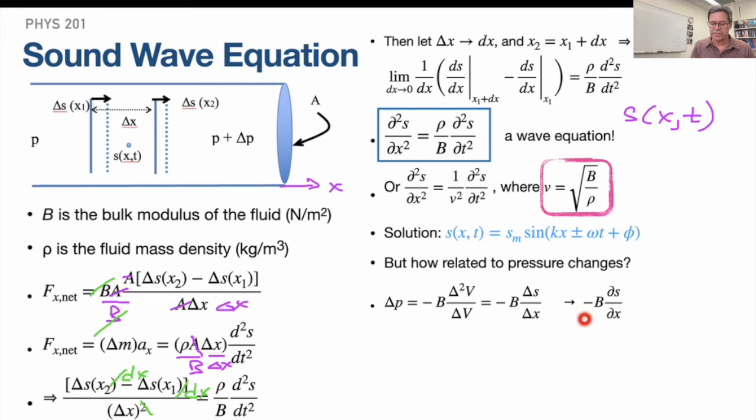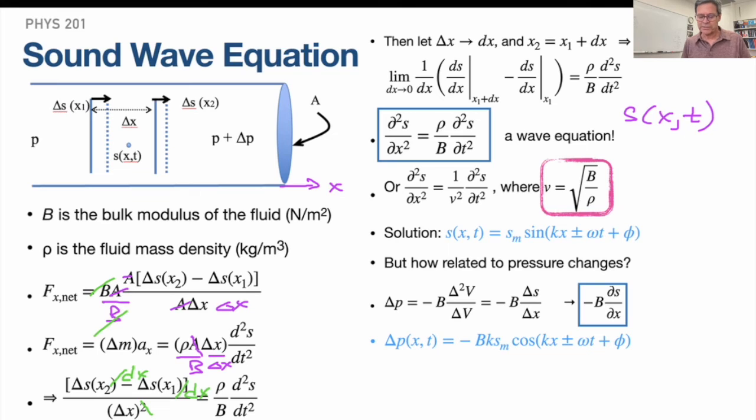And so that's just negative B, the bulk modulus, times the partial derivative dS/dx, an infinitesimal amount of change in S, the position of that volume element, over X. So I can get delta P by taking this derivative of my solution for S. So that's what I'm going to do.